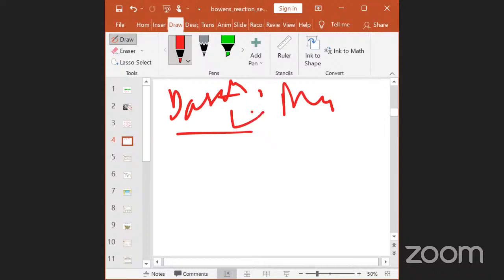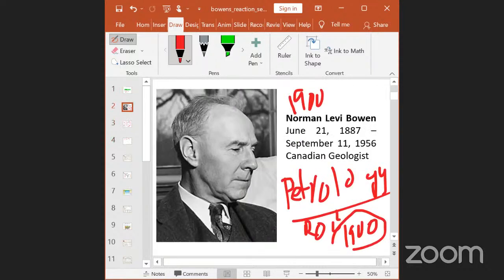So who was Bowen and what did he do? Bowen was an experimental petrologist and he began experimental studies in the 1900s at the geophysical laboratories in Washington, D.C., to understand the order of crystallization of common silicate minerals from basaltic magma. So now I go to the Bowen reaction series.